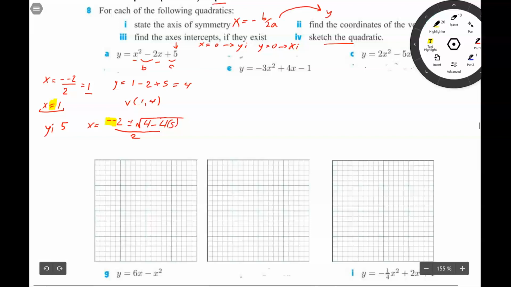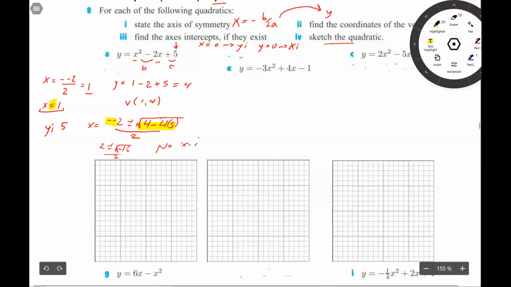So basically, this is going to give me 2 plus or minus square root of 4 minus 20. So it would be square root of negative 16 divided by 2. And square roots of negative numbers are imaginary numbers, which actually are not a part of this course. So there's basically no x-intercepts, okay?